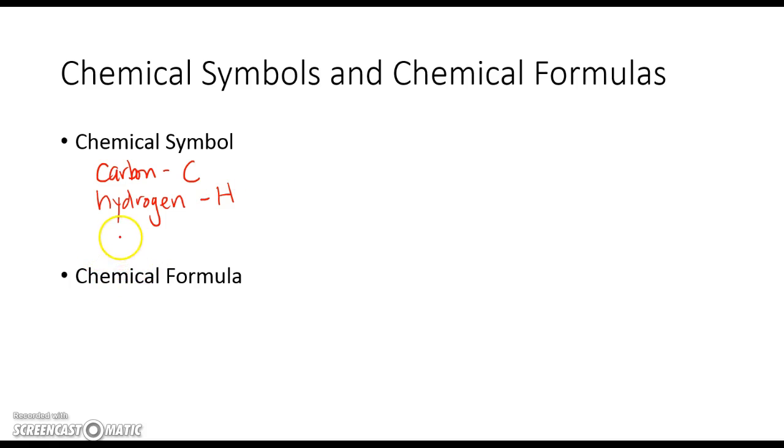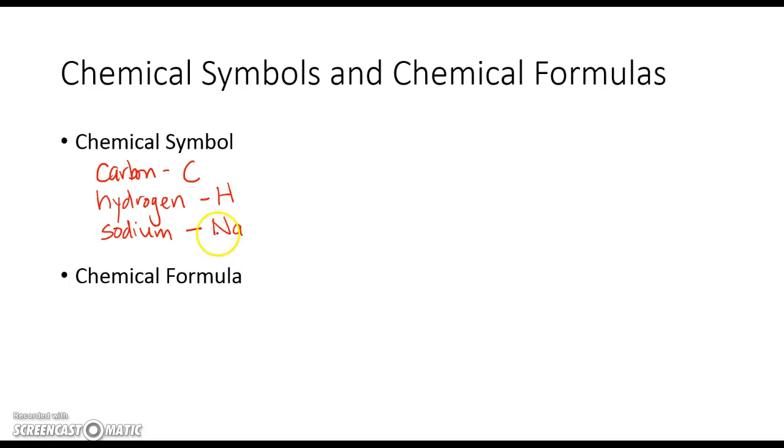In some cases, the chemical symbol doesn't represent the English name of the chemical. So for example, there is sodium, and sodium actually has the chemical symbol of Na. You notice that there's an uppercase letter and a lowercase letter.